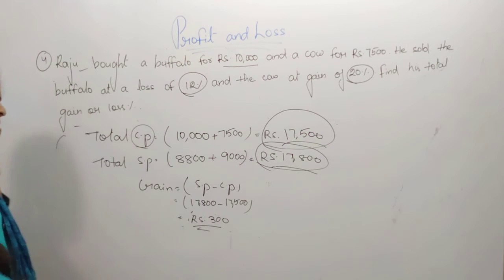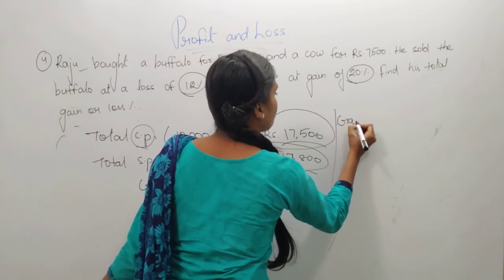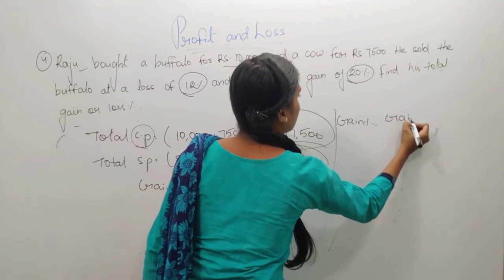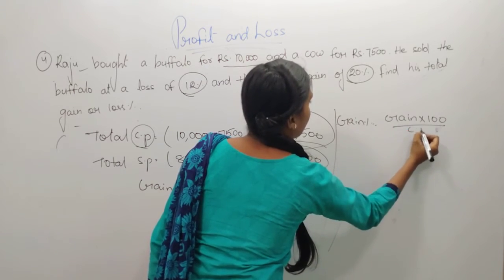Now we found the gain also. Now we will put the formula of gain percent. What is the formula we will get? Gain percent is equal to gain into 100 by CP.